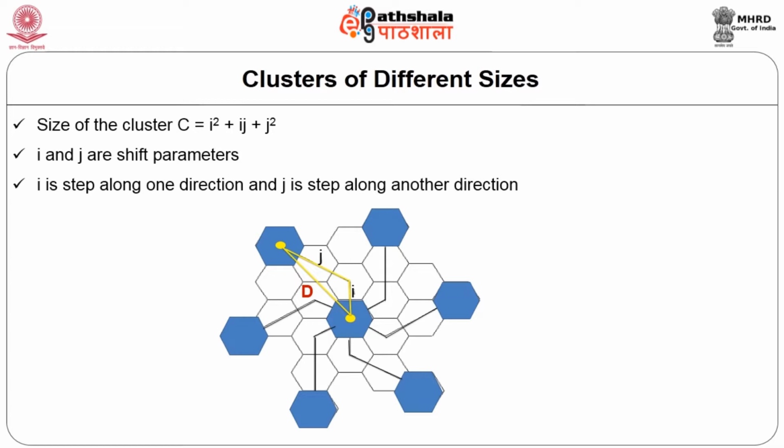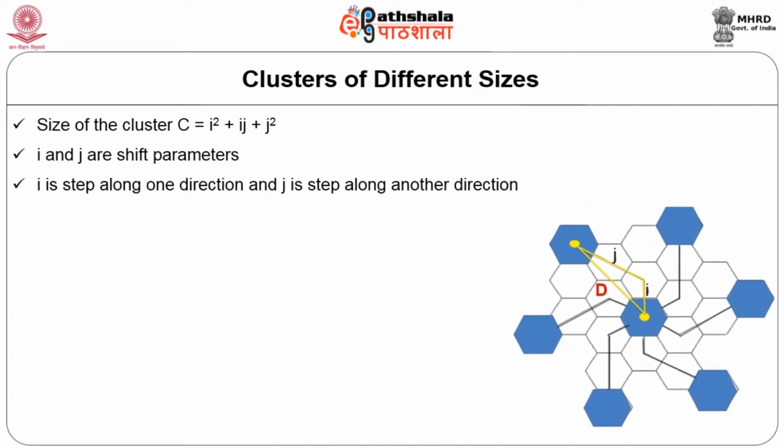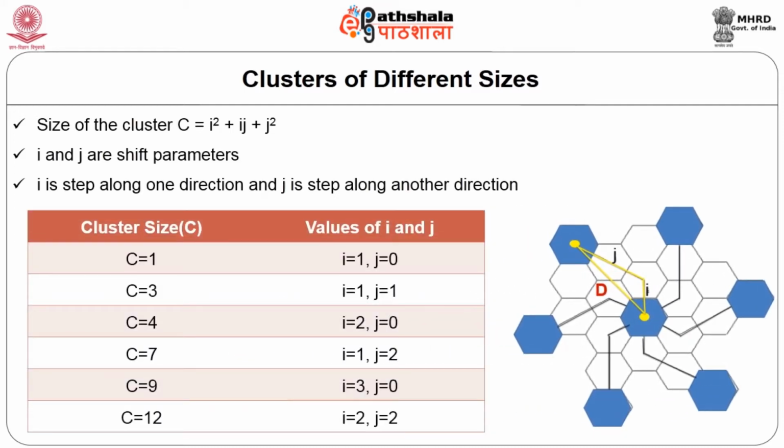This value of i and j will be determined from the size of the cluster, or in other words, the size of the cluster can be calculated according to the shift parameters i and j. So for the cluster sizes, the values of i and j are: for C equal to 1, i is equal to 1, j is equal to 0. For C equal to 3, i equal to 1, j equal to 1.